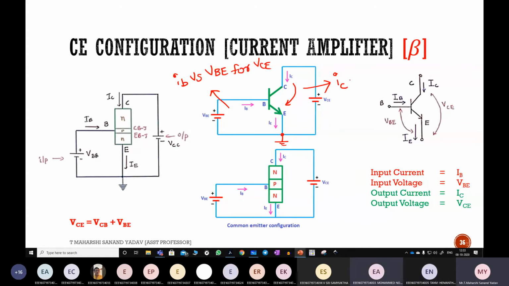IC versus VCE, for different values of input current IB or IE? IB. So here IB is the input current, VBE is the input voltage, IC is the output current, and VCE is the output voltage.